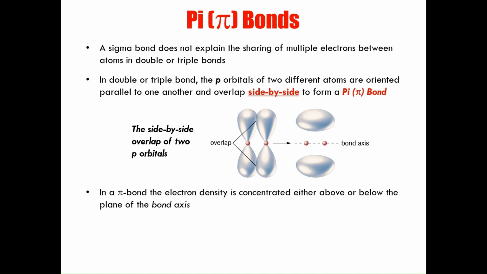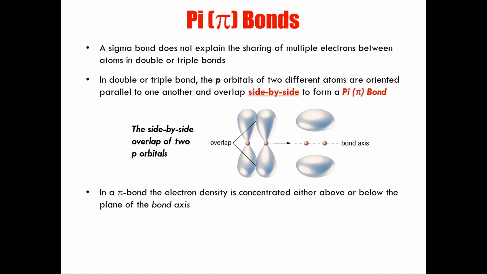So they will use the p orbitals left behind by their sp2 hybridization to form a second type of orbital overlap that will allow the sharing of a second pair of electrons. These electrons will be shared away from the bond axis where the first pair of electrons are already being shared in a sigma bond.